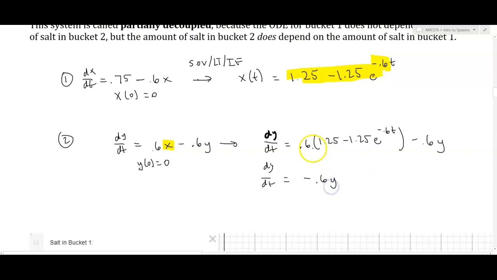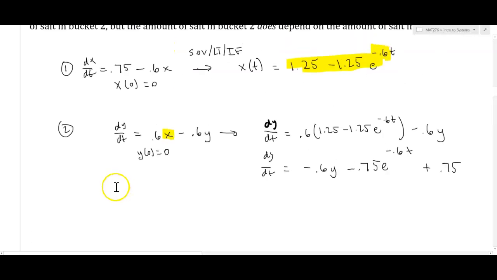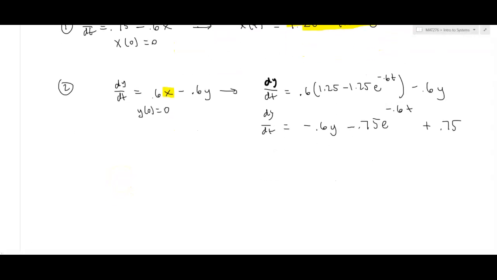Negative 0.6y, and then 0.6 times negative 1.25 will be negative 0.75 e to the negative 0.6t, and then we have this 0.6 times 1.25, which is plus 0.75. So once again, Laplace transforms will work just fine here. We could solve that. Let's just go ahead and do it to at least say we did some calculus in this problem.